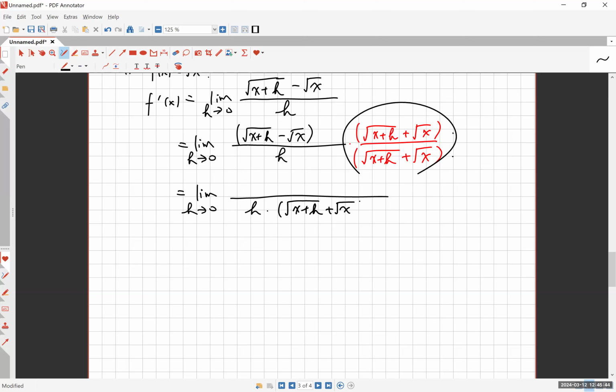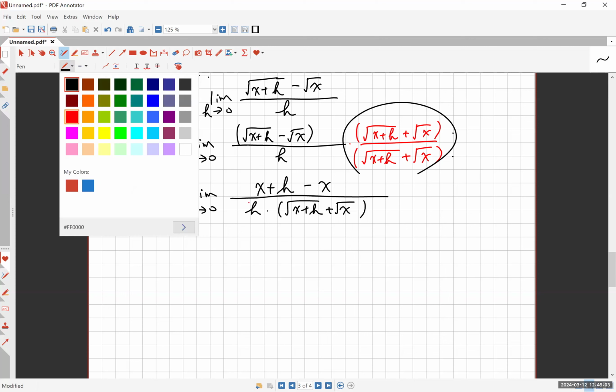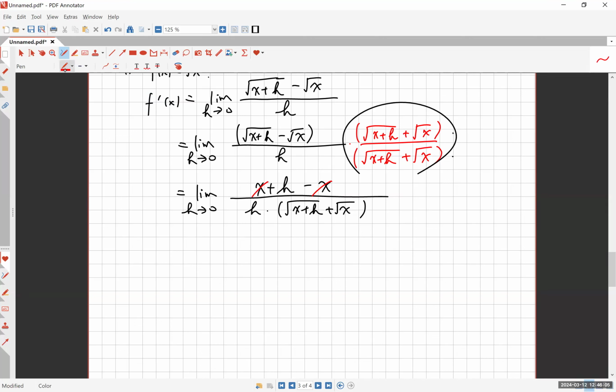We can actually simplify the numerator drastically, because a minus b times a plus b becomes a squared minus b squared. So the top will be x plus h minus x, right? Wow, cool, because now you can see the h will cancel, x will cancel. And so this is, well, let me go ahead and write this down here.